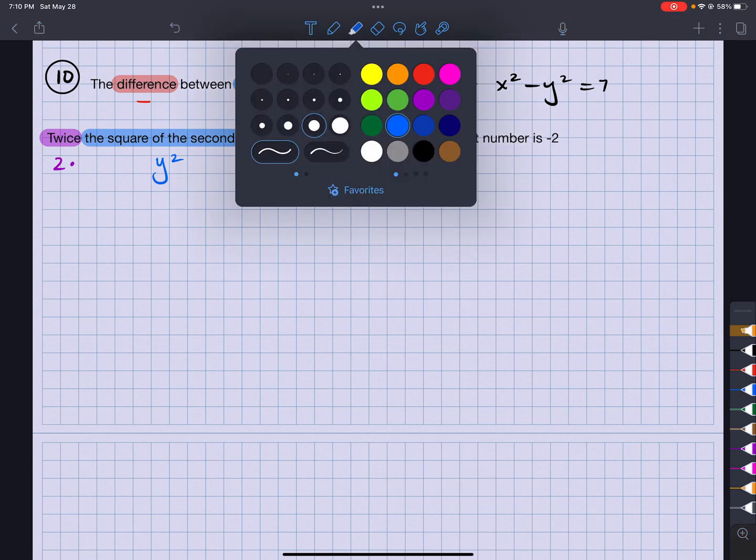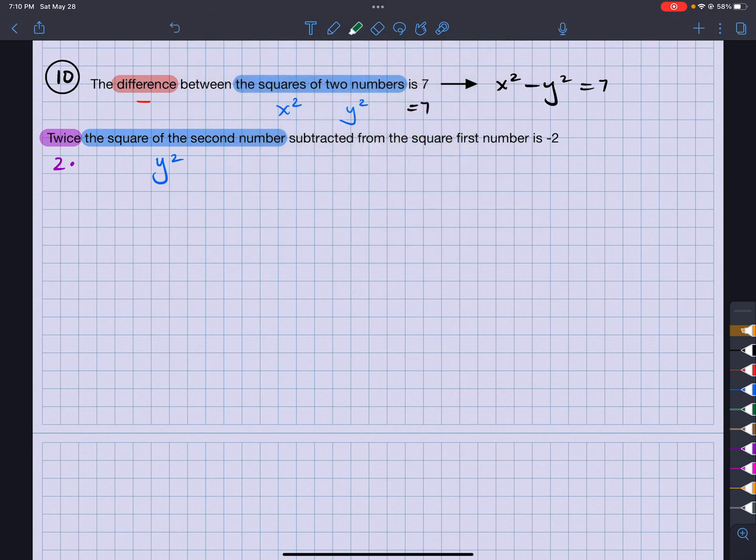Now, over here, you see the words subtract from. Number one, it is subtraction. That is absolutely correct. However, subtract from tells me that I need to take what I got first and what I got second and actually switch their spots.